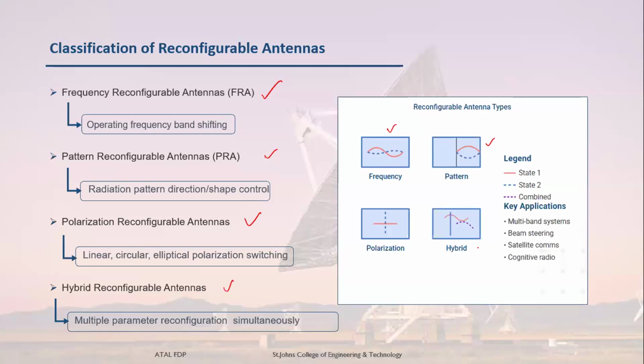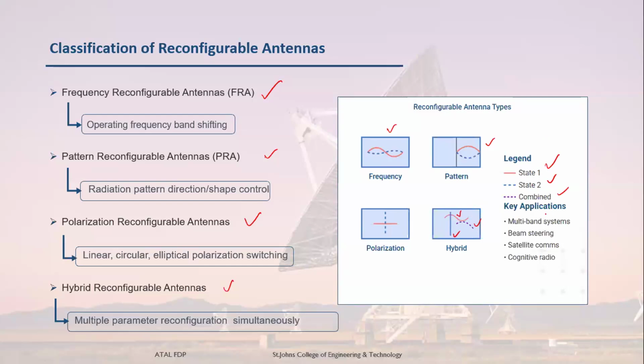When I combine these things, of course, look at this, there are 3 things. This is the polarization, this is the pattern, this is the frequency. This is the combination. So state 1, state 2, state 3. When the switch positions are in one state, it operates in one frequency. When the switch positions are changed, the antenna goes into state 2, or it may be combined.